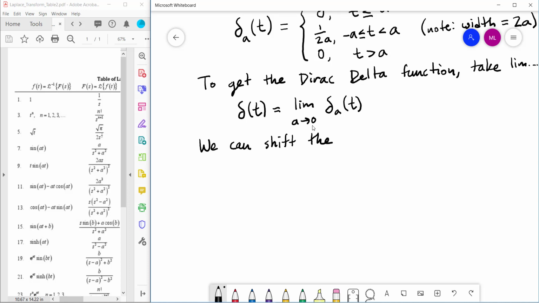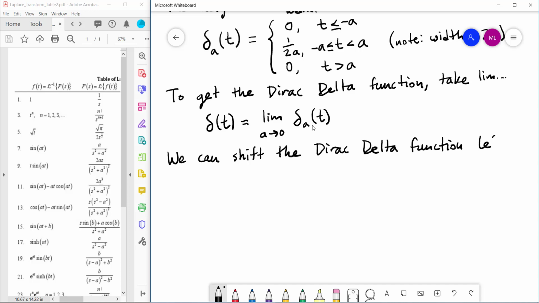So we can shift the Dirac delta function left or right, as we did with the Heaviside function.